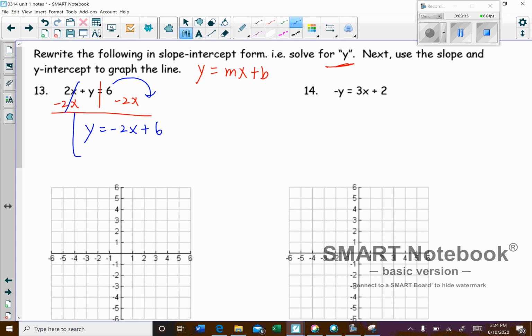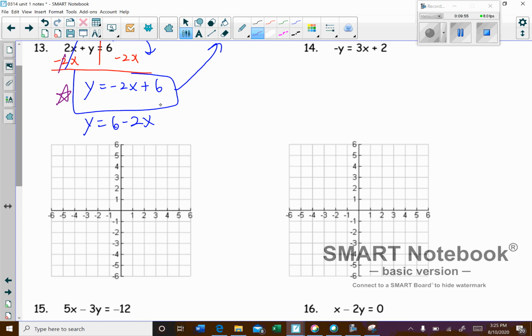It's just personal preference. I want to make it look like the formula we're used to. If you really want to write it as 6 minus 2x, that's fine too. Just make sure you know which one's your slope and which one's the y-intercept. So you just have to be careful. So moving forward, I'm going to put it in this format to make it look like what we're used to.